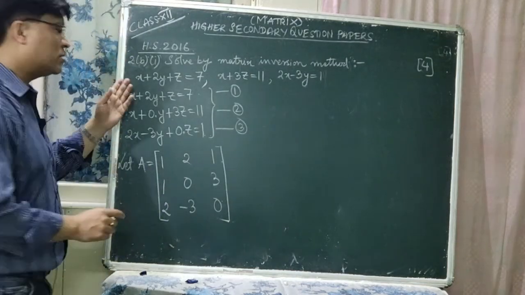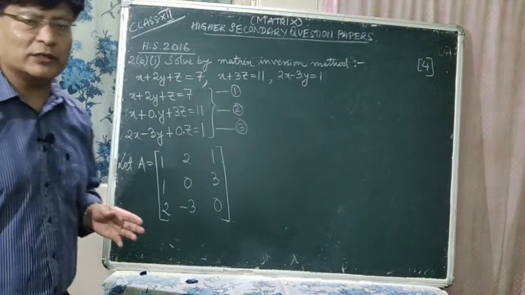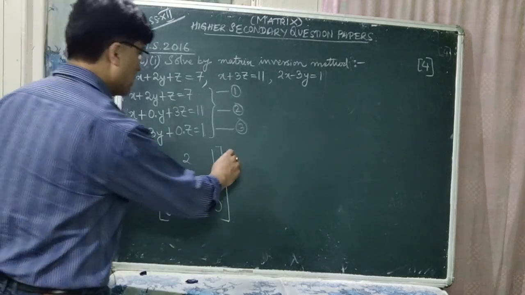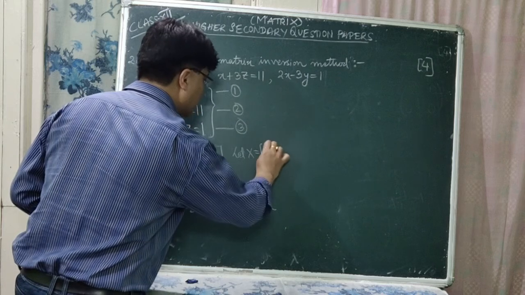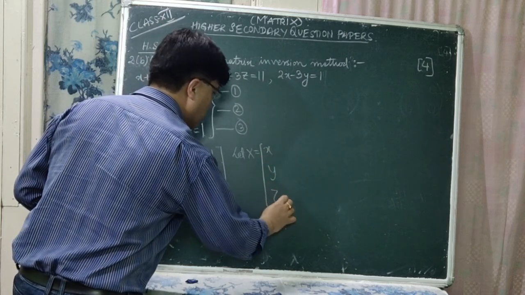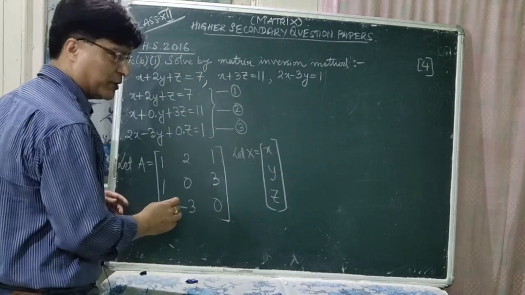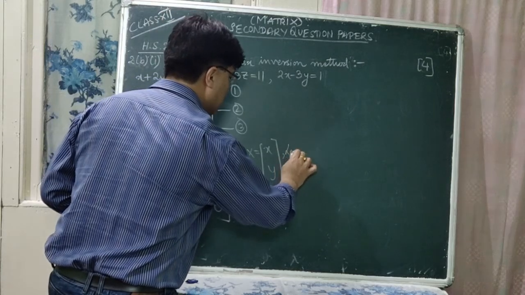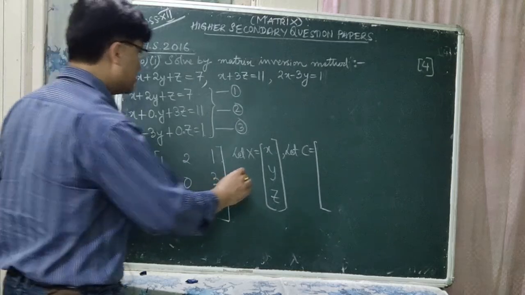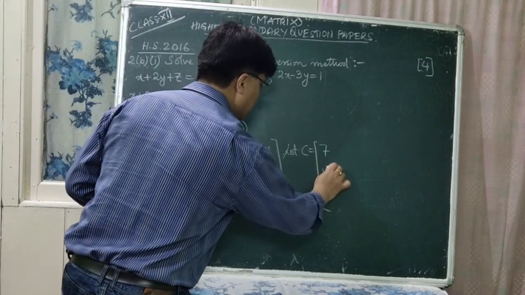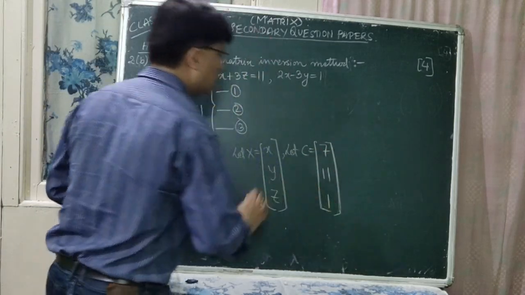Next, what are the unknown quantities here? That is x, y, z. Let capital X be equal to the column matrix x, y, z. And let C be the constant matrix. That is also a column matrix. That is, 7, 11, 1.